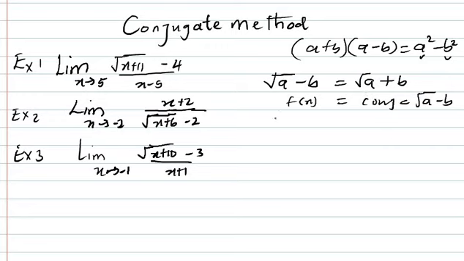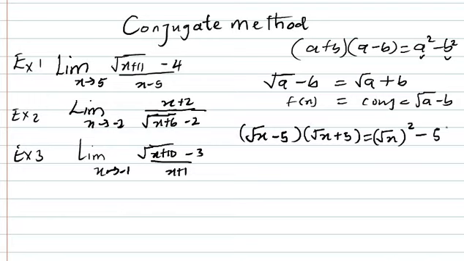So if you have, let's say, root of x minus 5, the conjugate of this is going to be root of x plus 5. If you multiply these together, since it's a difference of two squares, it will give you x squared minus 5 squared.